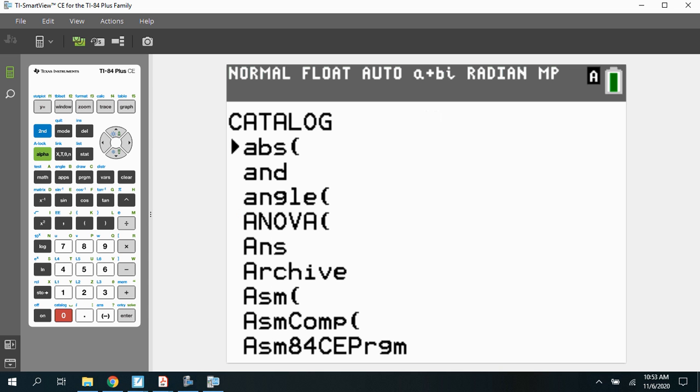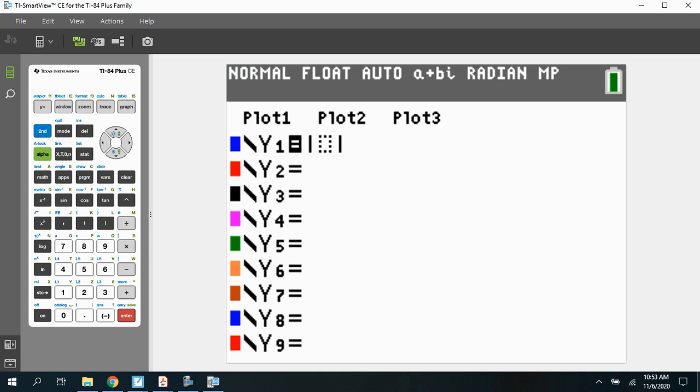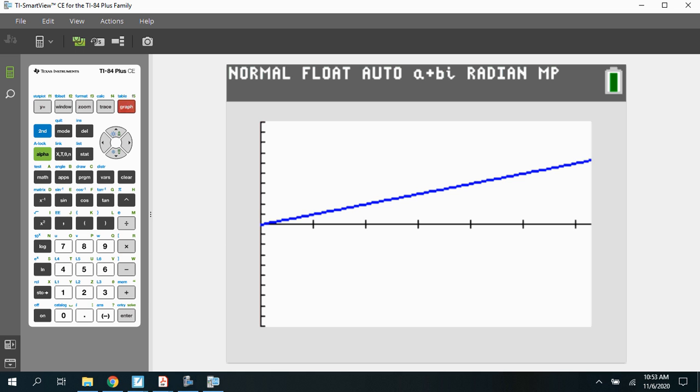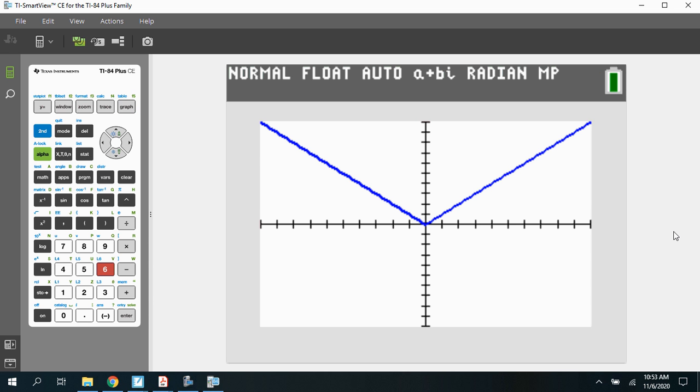The ABS parentheses, the absolute value thing, press enter, and then you get the graph. All right, do you guys need him to write that down, or did you find it?